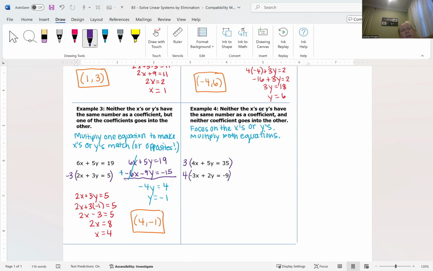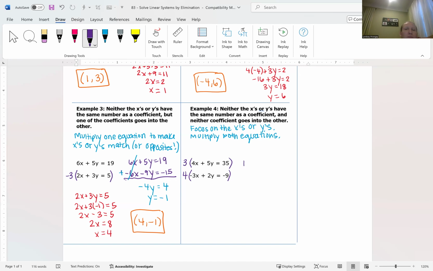Okay. You're always saying, like, what's the least common multiple of them? Okay. Sometimes it might just be multiplied by the other number. Sometimes, if you want the smallest numbers, it could be something different than that. Okay, but 3 and 4 will work here.